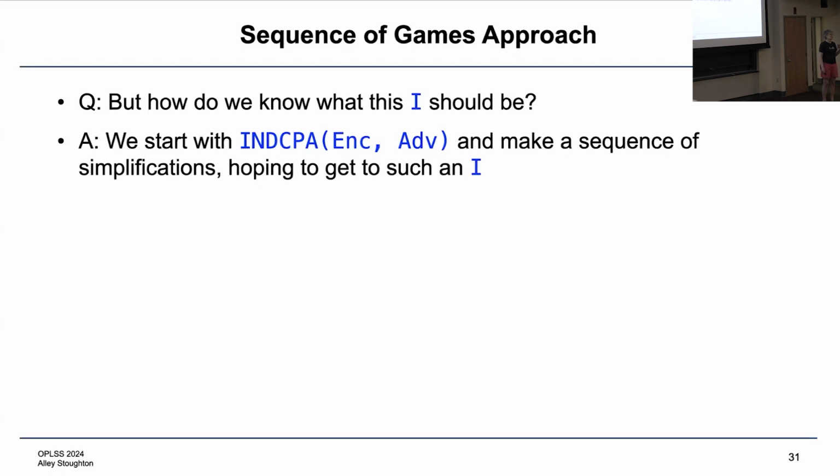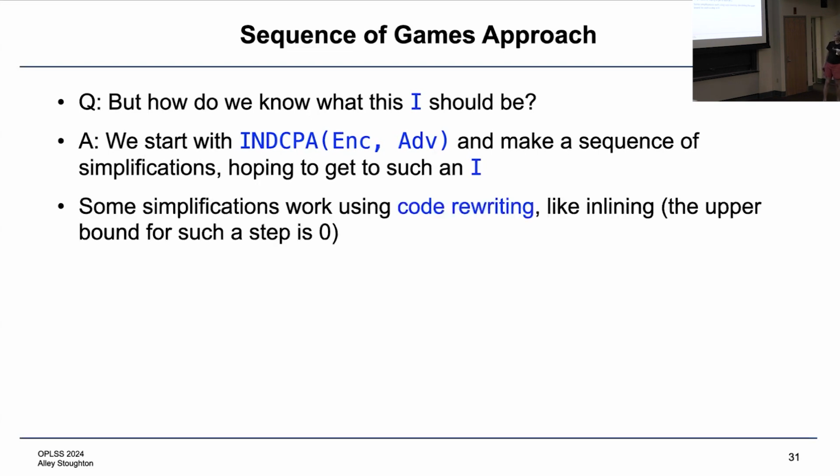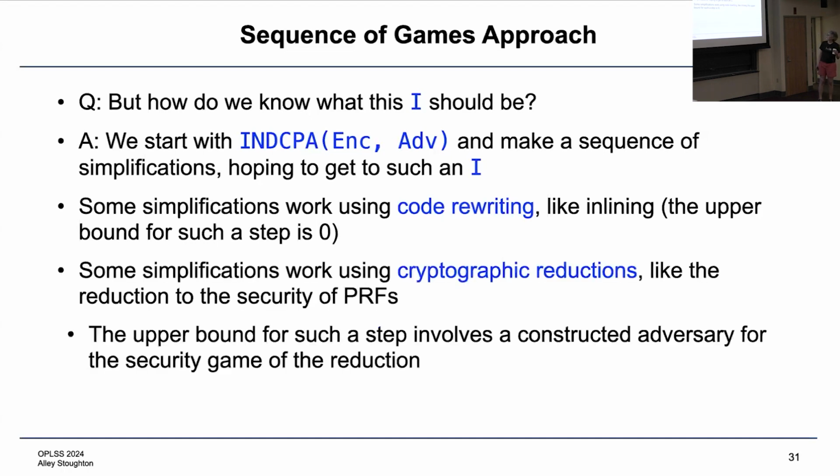Maybe you know what your destination is at the beginning, but sometimes we just don't. And so some simplifications use code rewriting, like a bunch of inlining and changes that don't change the behavior of the program. And there, the bound is 0 because there's no cost. There's no penalty for doing that.